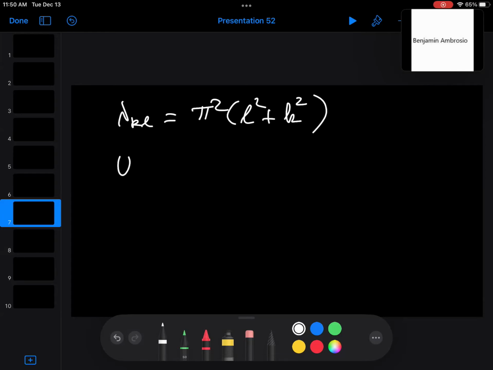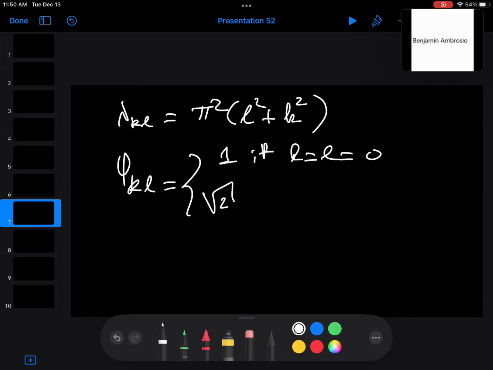And so my eigenfunctions are 1 if k equals L equals 0, and square root of 2 cos(kπx) cos(Lπy) otherwise.